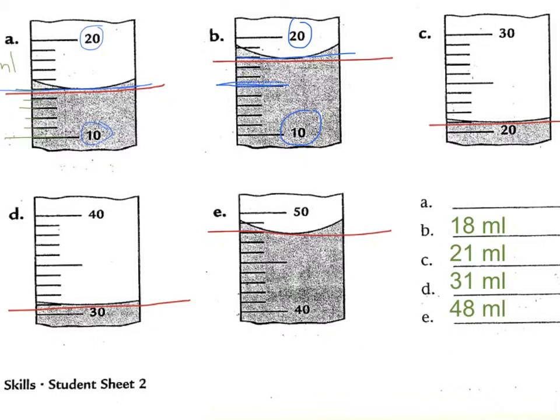This line here is 15, so I count up 16, 17, 18 mL is the answer for B. For C, it's just above 20. 21 mL would be a good answer for C. D, the answer you have should be 31 mL. Again, you measure from the bottom, the lowest point of the liquid there. And for E, your measurement should be 48 mL. We're going to practice with graduated cylinders on Friday and Monday.